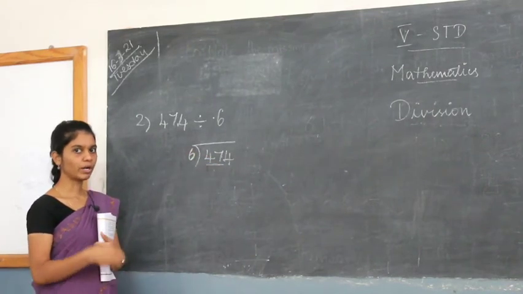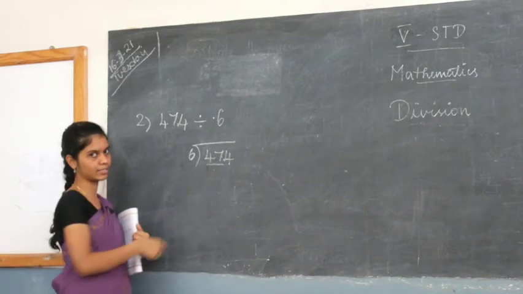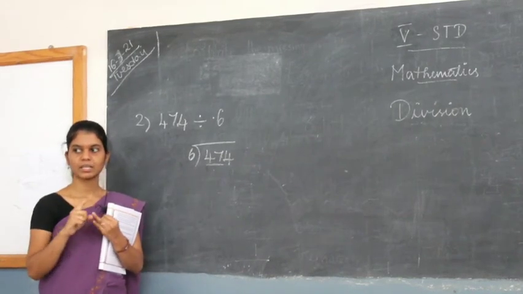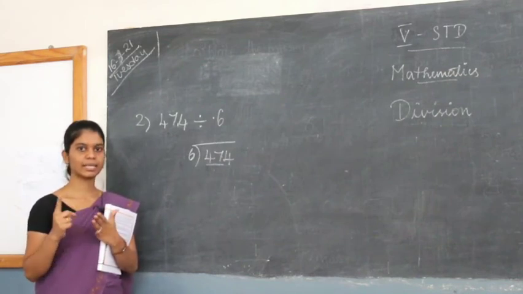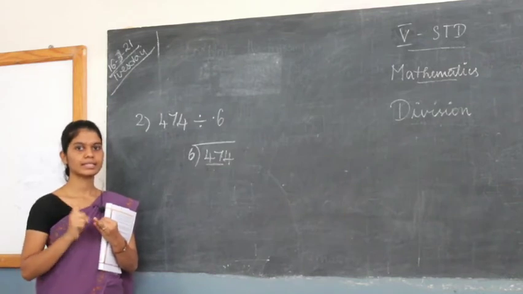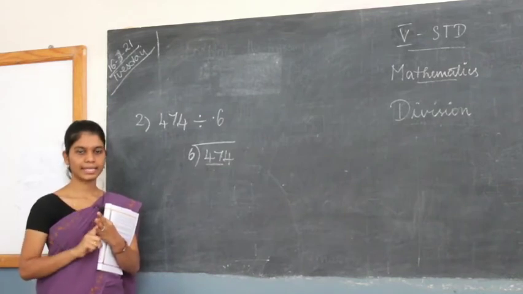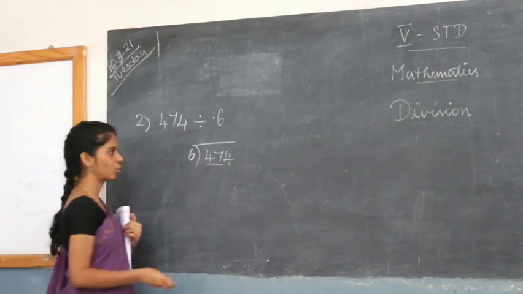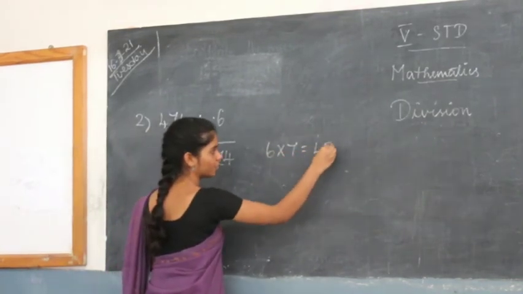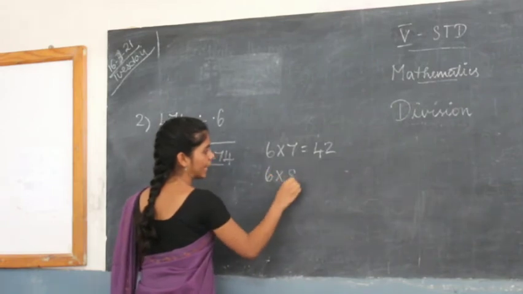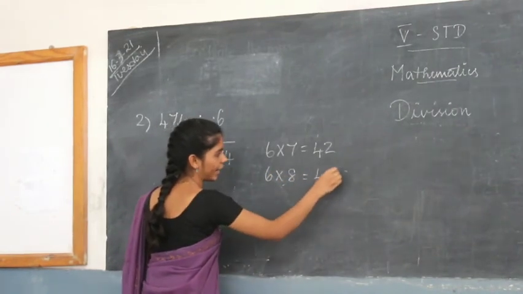So now what you should do? You should start telling the 6 table. 6 ones are 6, 6 twos are 12, 6 threes are 18, 6 fours are 24, 6 fives are 30, 6 sixes are 36, 6 sevens are 42, 6 eights are 48. So 6 sevens are 42, 6 eights are 48.